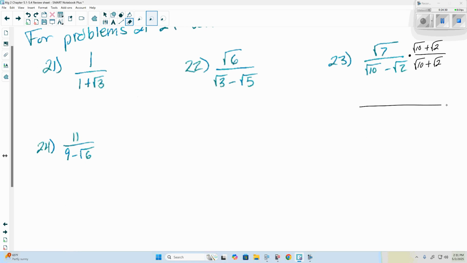Then we'd multiply through the top, which would be square root of 70 plus the square root of 14. And on the bottom, we would have 10 plus the square root of 20 minus the square root of 20 minus 4, which is square root of 70 plus the square root of 14 over 6.